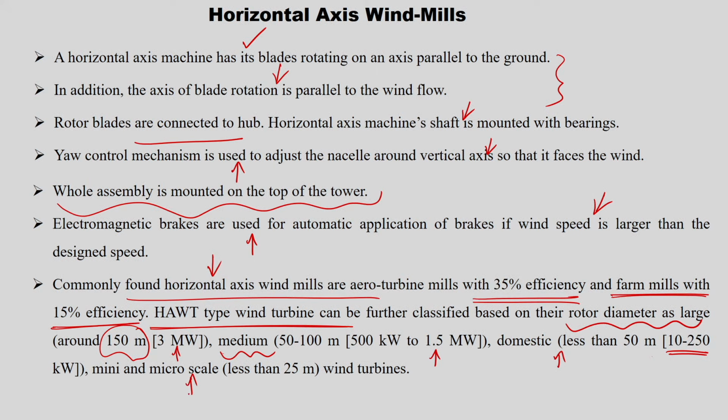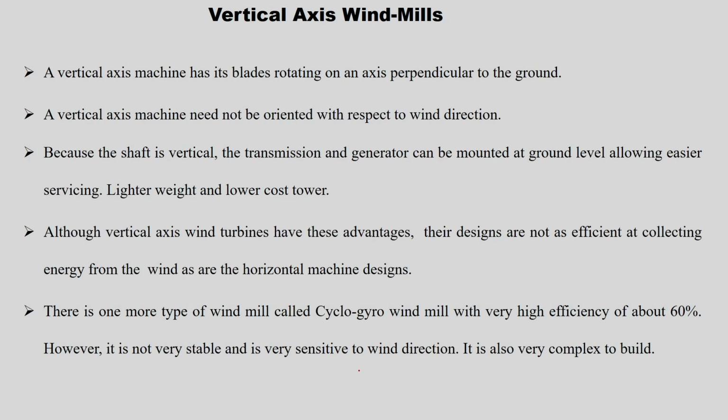And then we have mini micro scales as well, which are less than 25 meter rotor diameter, which draw less than 10 kilowatt power. In vertical axis machines, the blades rotate on an axis perpendicular to the ground, and a vertical axis machine need not be oriented with respect to wind direction. This we have already seen.